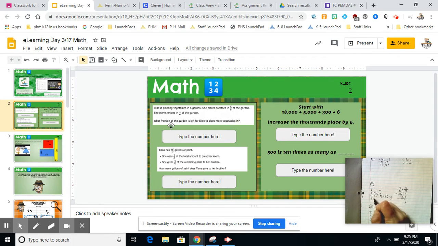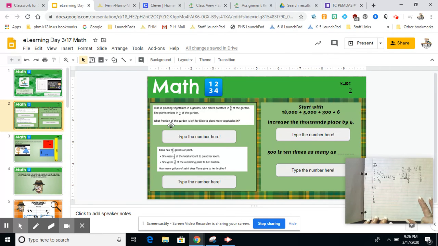But we're not done, because we have to subtract that from the whole garden over here. So that's 1 minus 7/8. We can't take 7/8 from nothing, so we have to borrow from that 1 whole and write the fraction 8/8. So there's our denominator. 8 minus 7 is 1, so our solution is 1/8 of her garden is left.